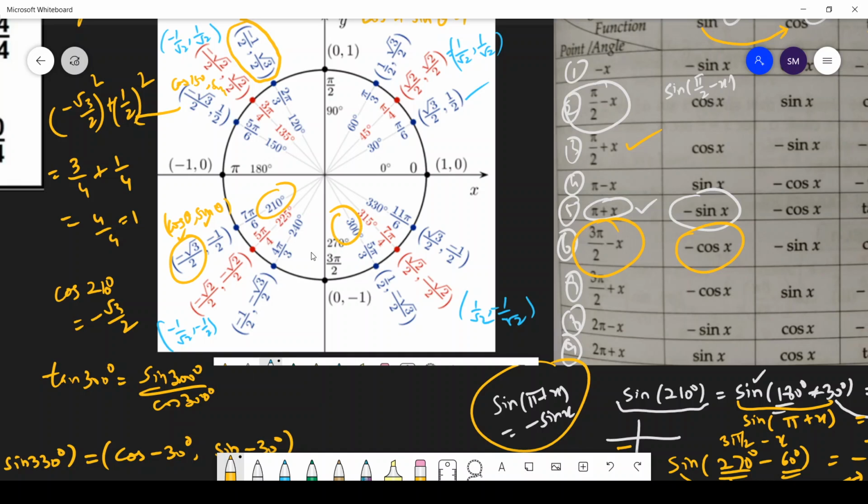So this is 300 here. What is cos 300? 1 by 2. And what is sin 300? Minus root 3 by 2. The 2s cancel, so it's only minus root 3.